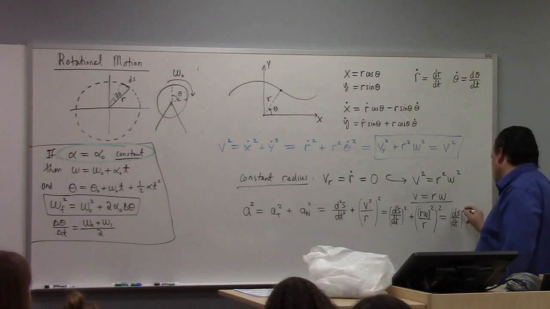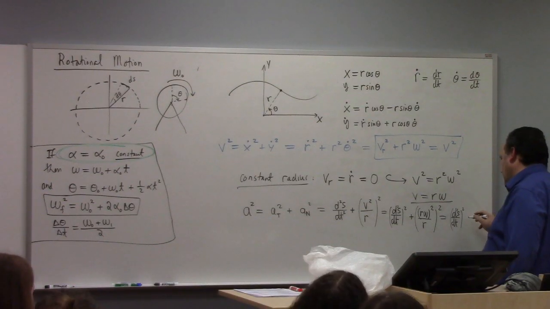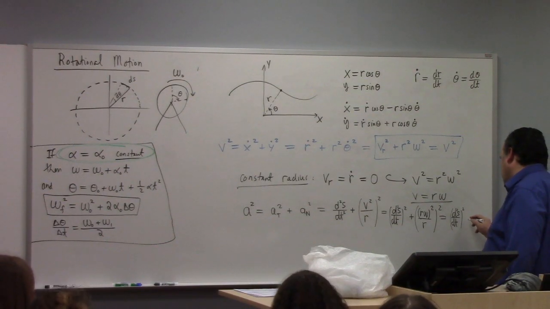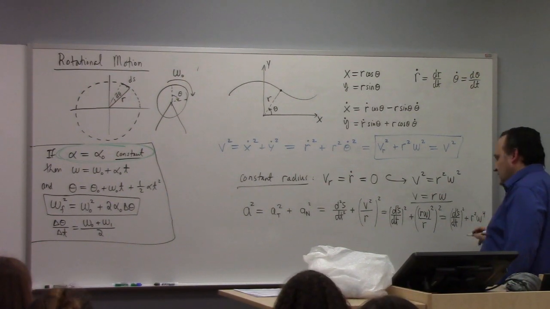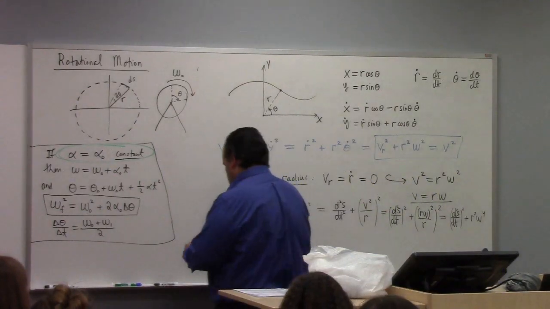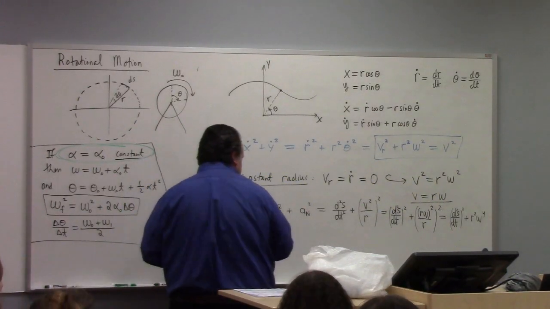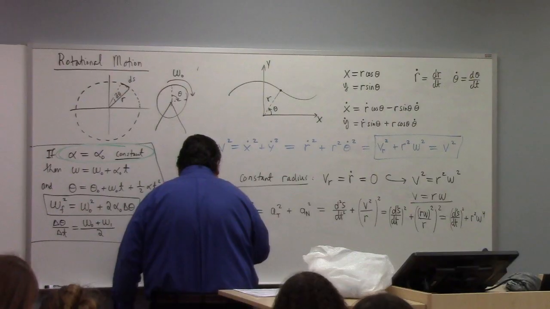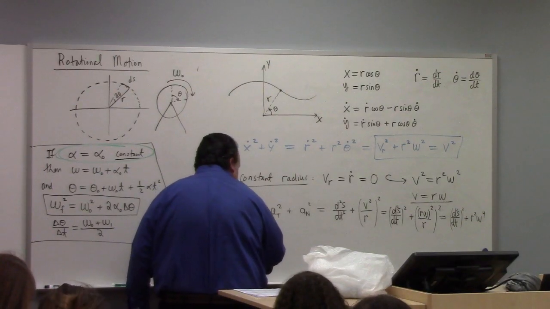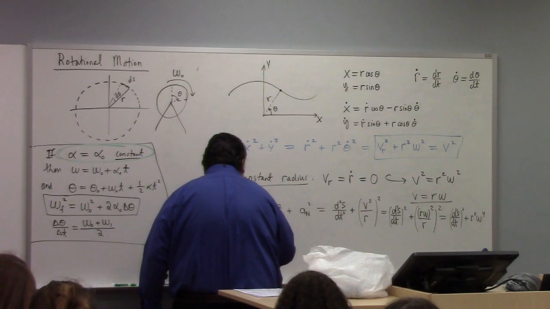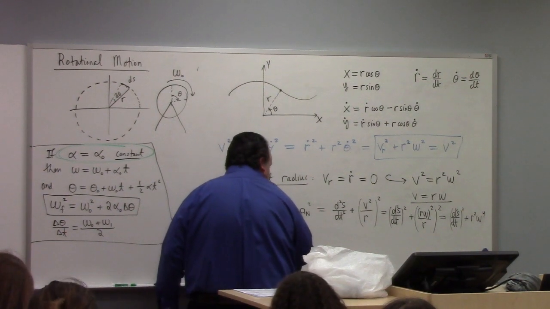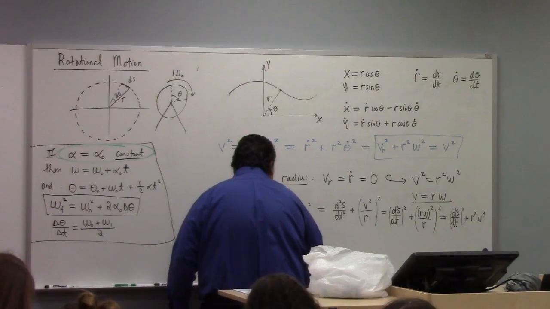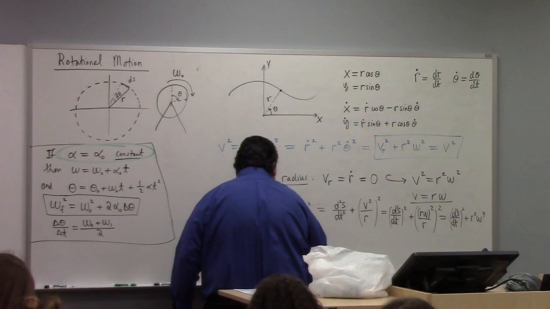My bad. Too many squares. And I think that is going to simplify to r squared omega to the 4th. So let me just seal this in for posterity. The formula for acceleration is the tangential part of the acceleration squared plus r squared omega to the 4th, as it happens.